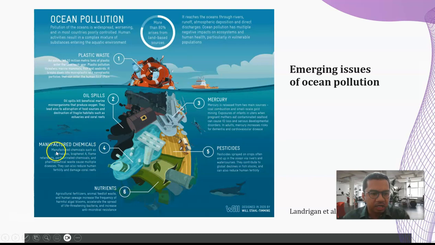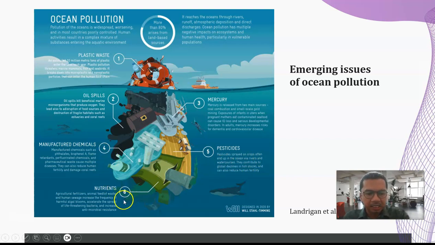And also there are manufactured chemicals such as phthalates, bisphenol A, flame retardants, as well as pharmaceutical waste. We also have pesticides. The sprays on crops often end up in the oceans via rivers and watercourses.